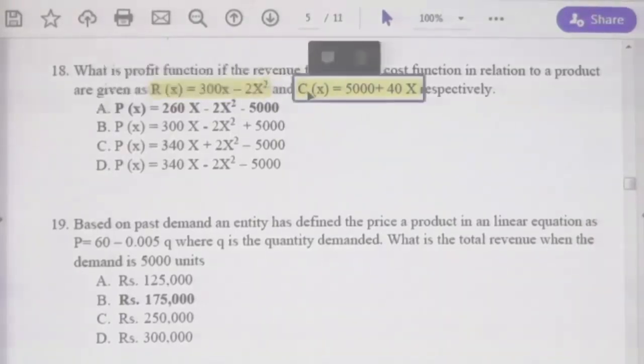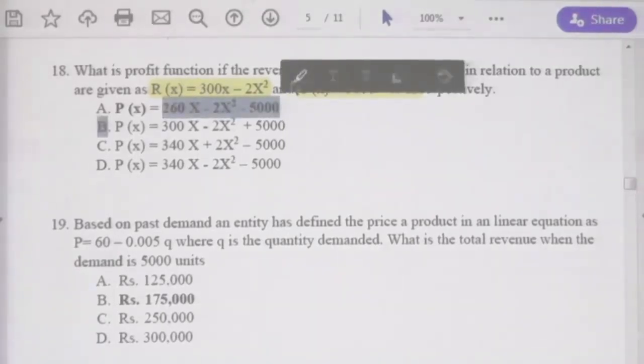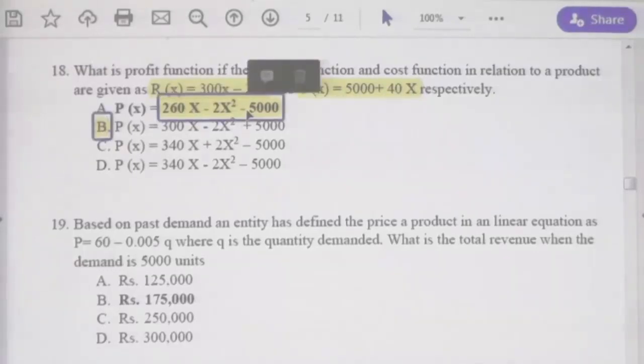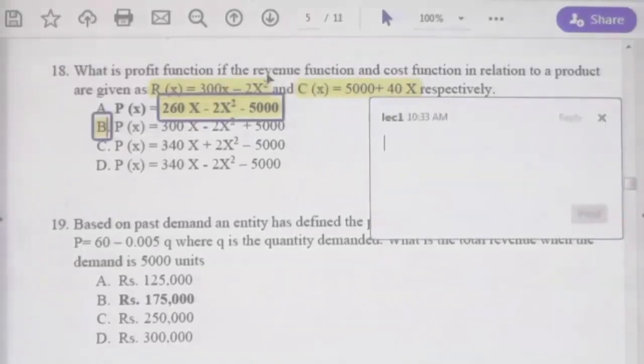I think if you want, I can show you how this answer is created. Look here, revenue minus cost is the answer.